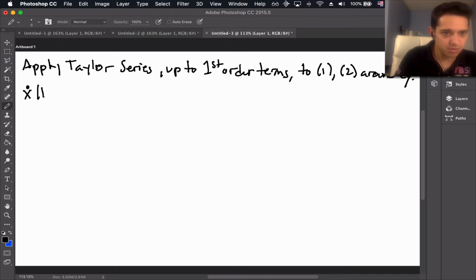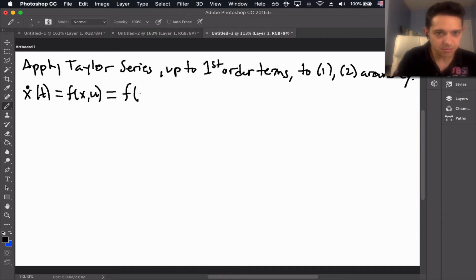So here I'm going to rewrite the beginning of equation 1, which goes like x dot of t equals, and now what I'd like to do is approximate f of x comma u with this Taylor series approximation. So this is how it goes.